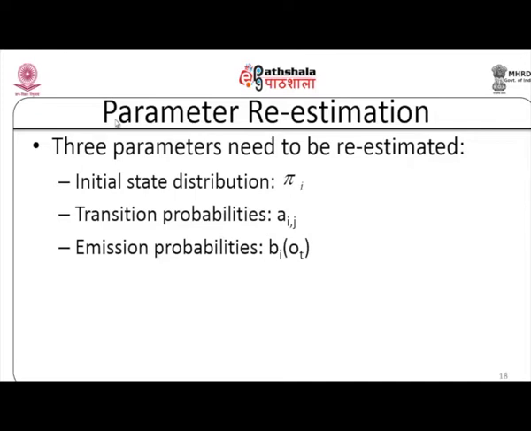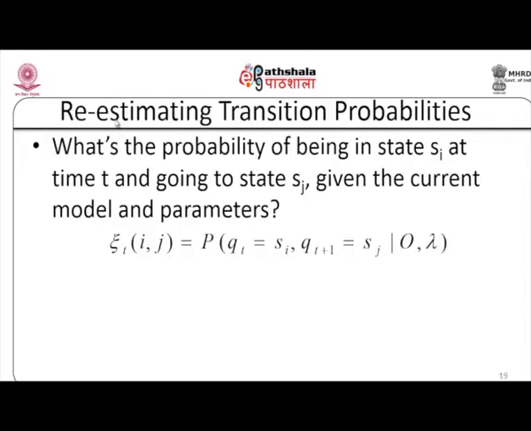Now, we are going to re-estimate the transition probability. For this we define a probability called eta_t(i, j), where t is the time at which the transition occurs and (i, j) is the going from i to j.